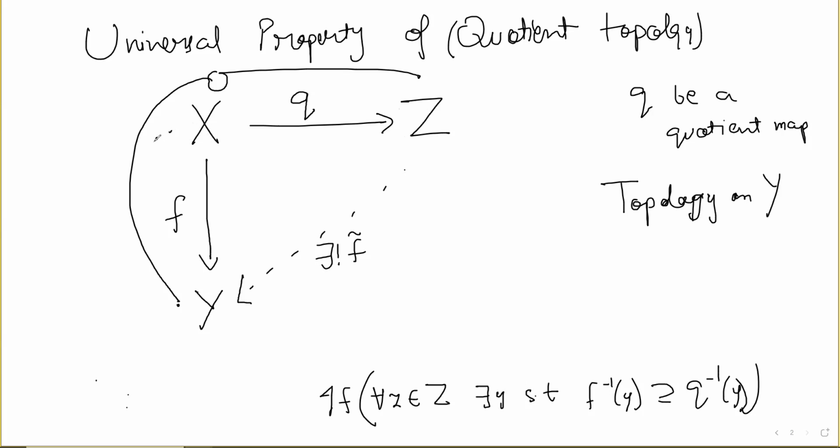So if 2 points are going to two different points, then they must go to two different points here under Q, right? Otherwise, you cannot factor it. So there has to be an inclusion, but what will be the direction?